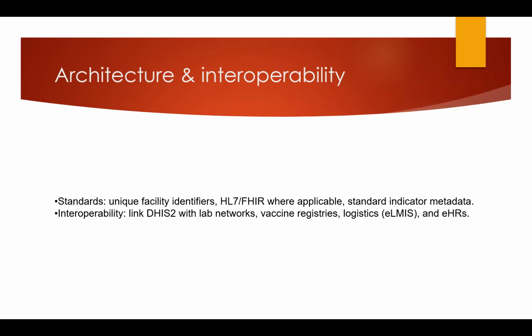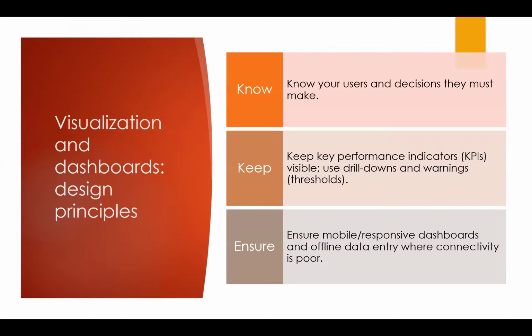Architecture and interoperability: for that, standards are unique facility identifiers, HL7 FHIR where applicable, and standard indicator metadata. For interoperability, linking of DHIS2 with lab networks, vaccine registries, logistics, and EHR should be done. This is the need of the hour.